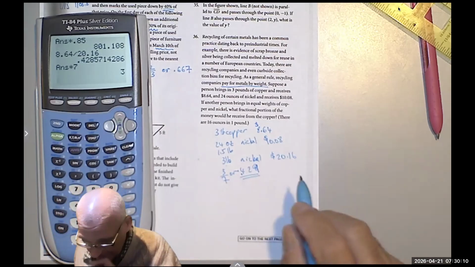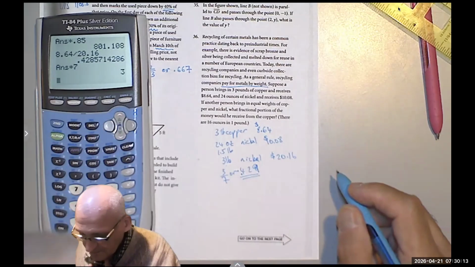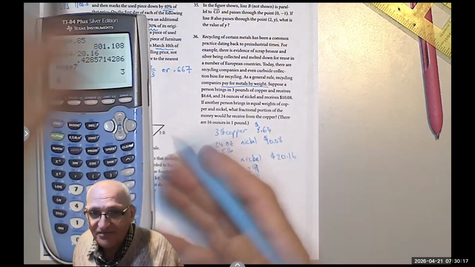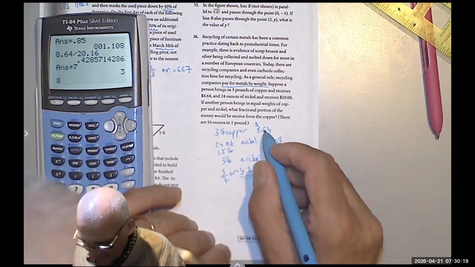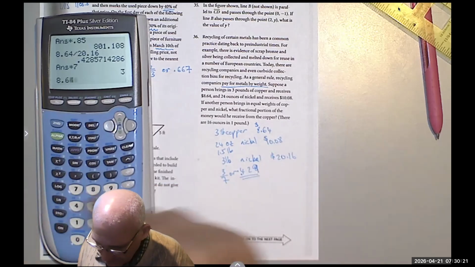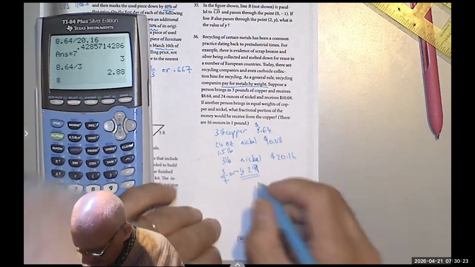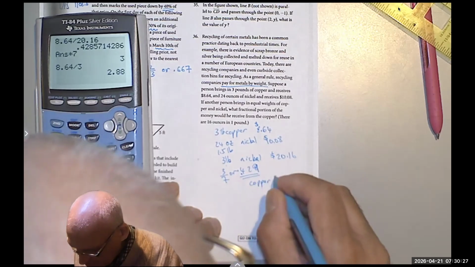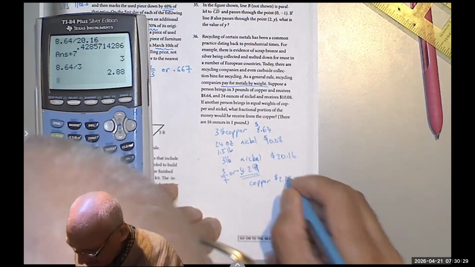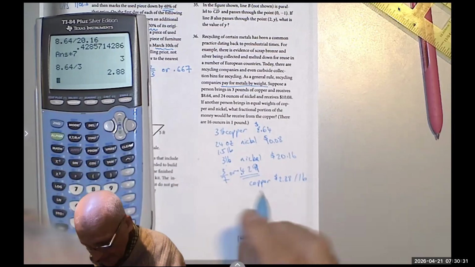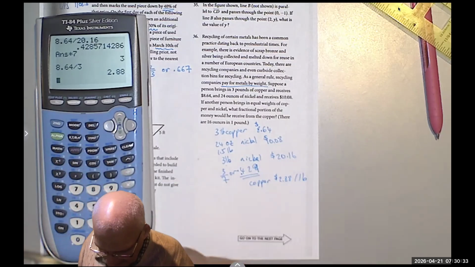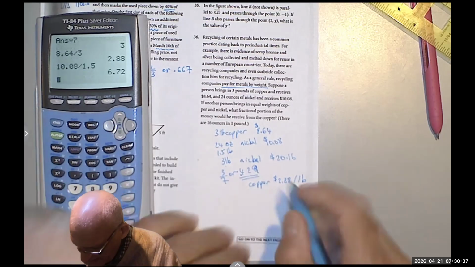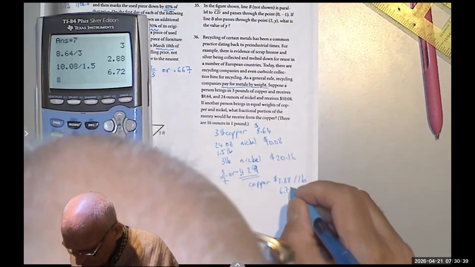As I said, if I had divided, it's the same thing because I would be dividing both by 3. I could have divided 864 by 3 and say copper gets you $2.88 per pound. And if I divide 1008 by 1.5, I will get 672.